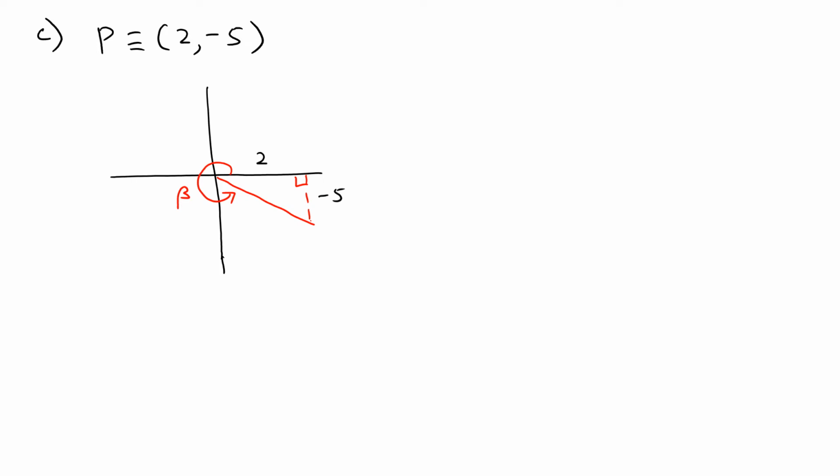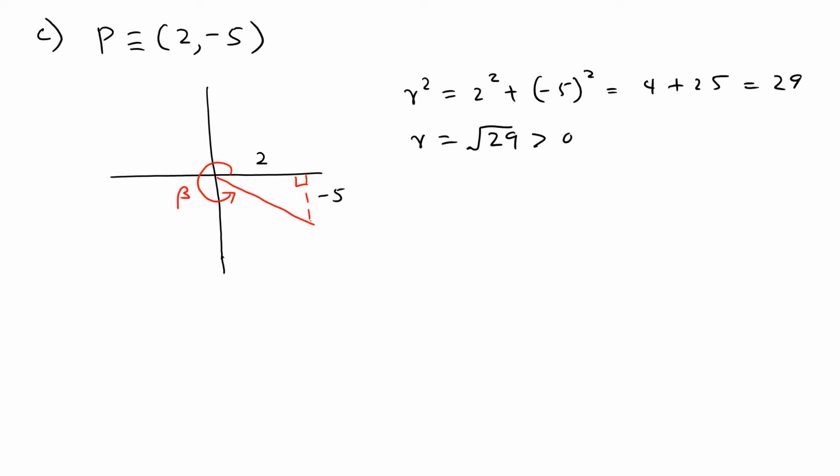Again, we need to find the radius r. By the Pythagorean identity, r squared is 2 squared plus (-5) squared, which is 4 plus 25, which is 29. So r is square root 29 because it is positive.